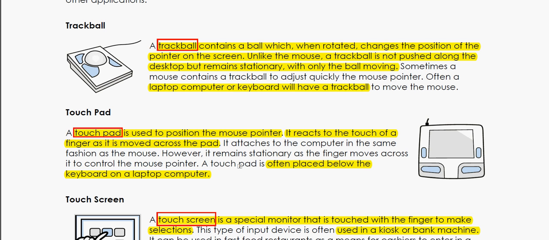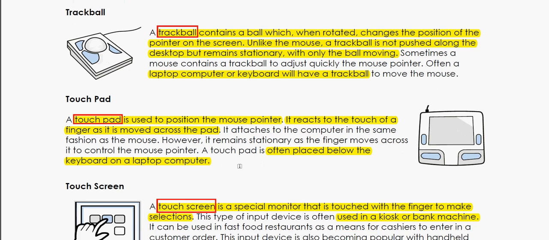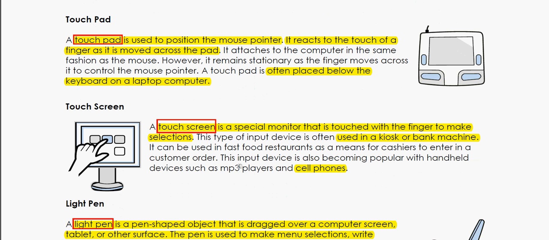The whole device, like your whole mouse, is moved around your desk. But with the trackball, you just move the ball that's in the center of the device, while the device stays stationary. Some laptop computers may still have these, though today most laptops have a touchpad, which is beneath the keyboard. It's what my laptop has, and it's used to position the mouse pointer.